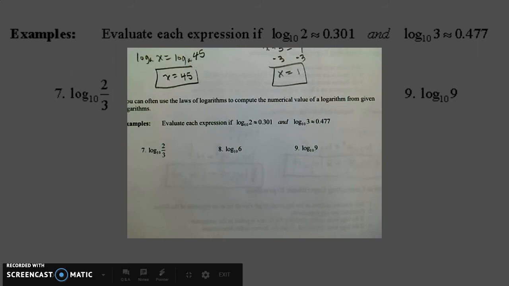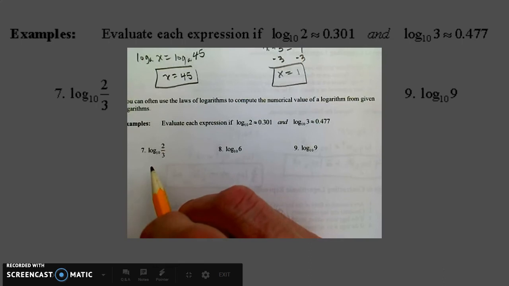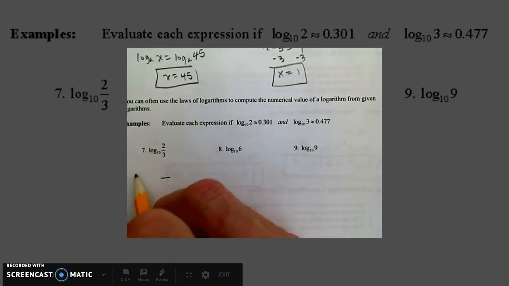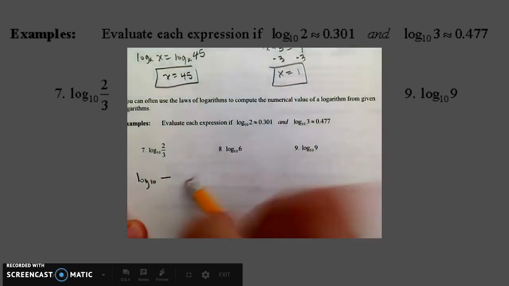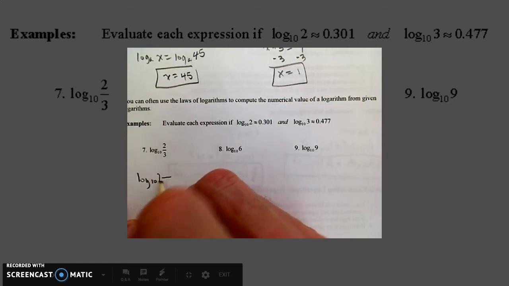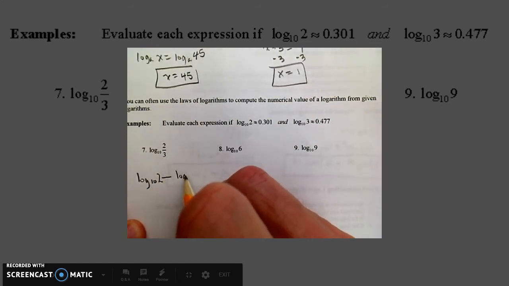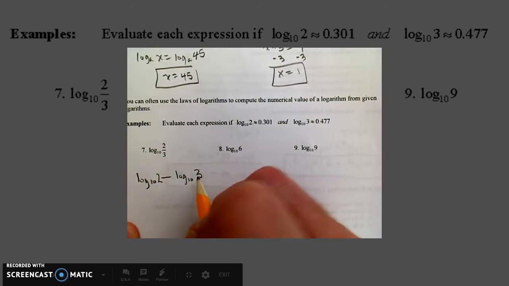So our first move here is to simplify these. So as a for instance, log base 10 of 2/3. So this is a subtraction. Log base 10 of 2 minus the log base 10 of 3.